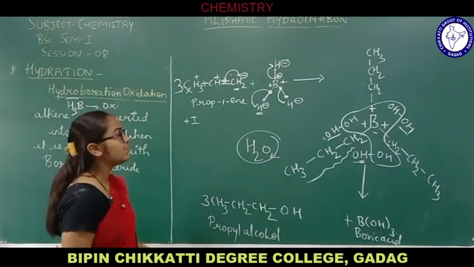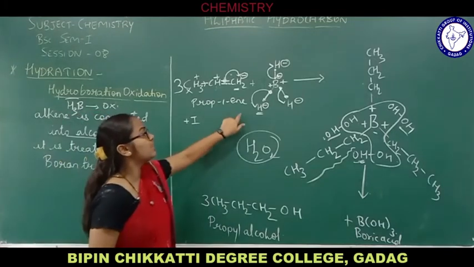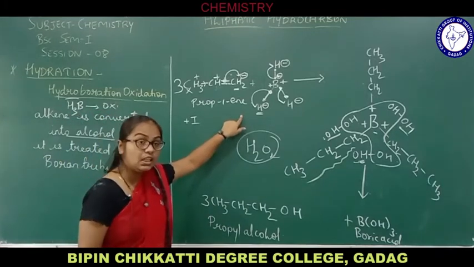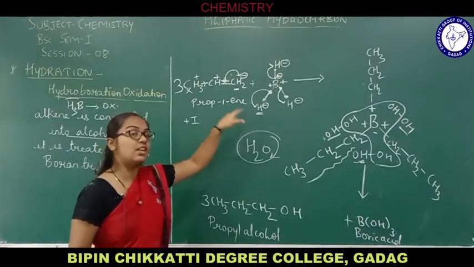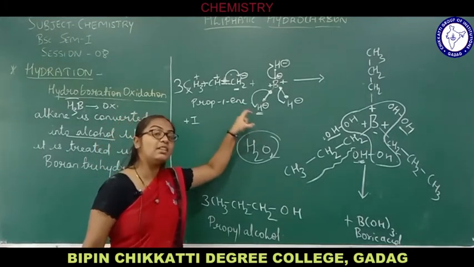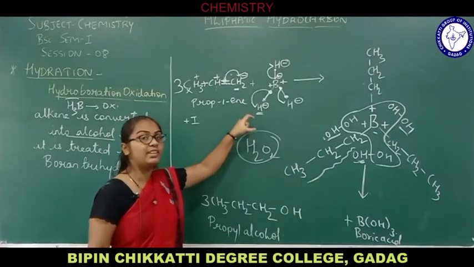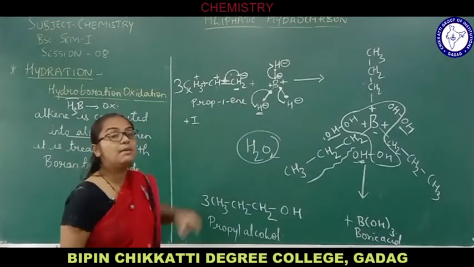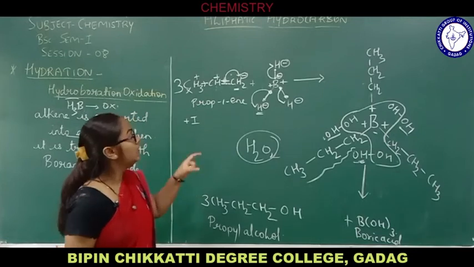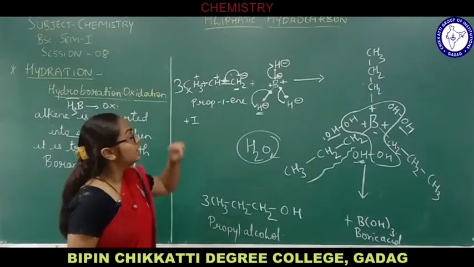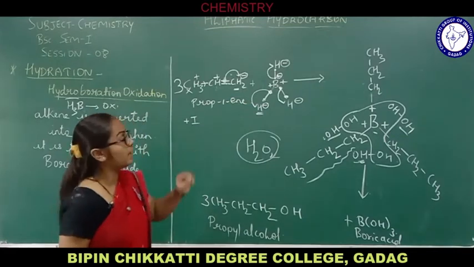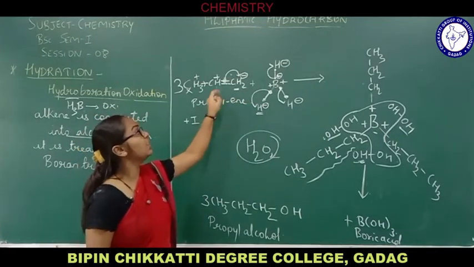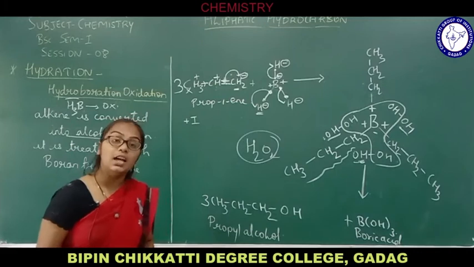And it's really very simple and very interesting, but you need to understand this first step. Here the separation of charge is very important, because the negatively charged group formed in trihydride boron will go and get attached to the positively charged carbon atom of the alkene, whereas the positively charged group of the trihydride boron will go and get attached to the negatively charged carbon atom of the alkene, okay.